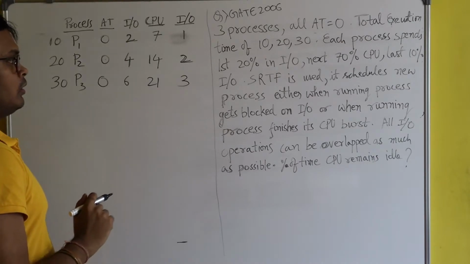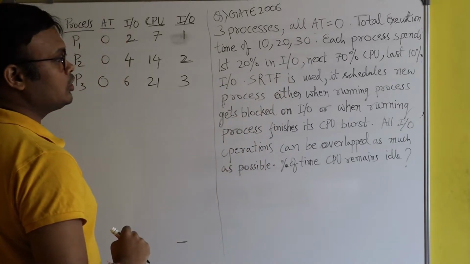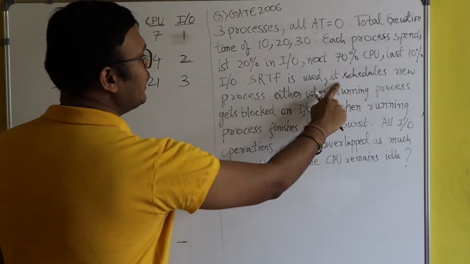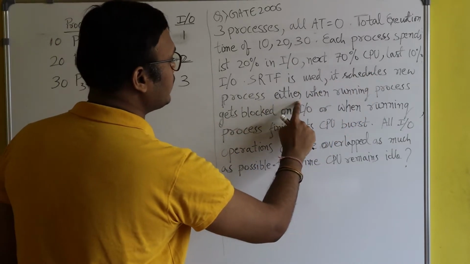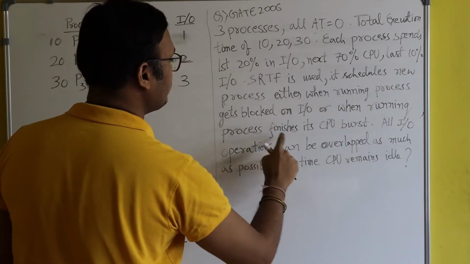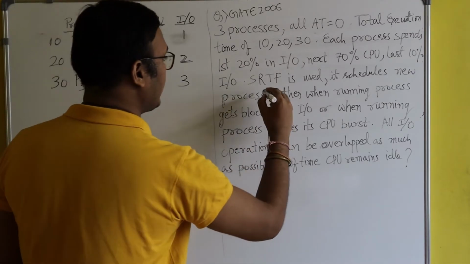You see, it's written that the SRTF algorithm is used, the shortest remaining time first algorithm. And how is it used? It schedules a new process either when the running process gets blocked on I/O or when the running process finishes its CPU burst. It's a very important line.